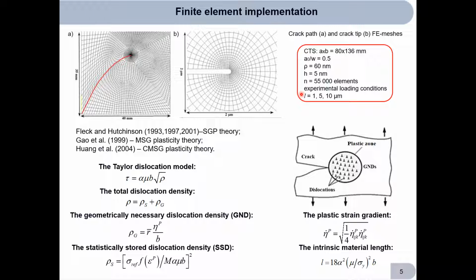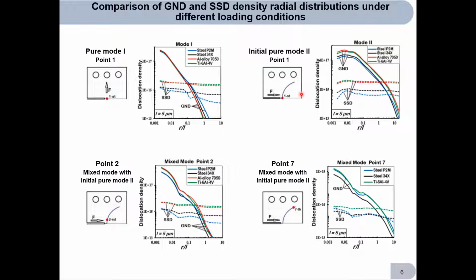Consider the numerical results. The comparison of radial distributions in the densities of geometrically necessary dislocations and statistically stored dislocations for steels, aluminum, and titanium alloys are shown in figures as a function of the crack tip position along curvilinear crack paths.